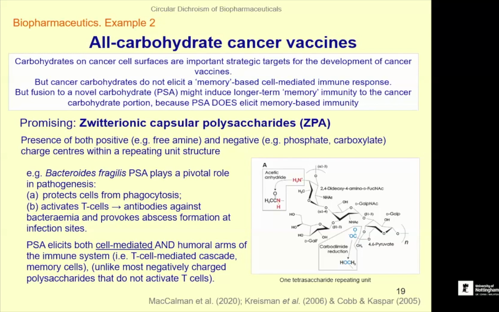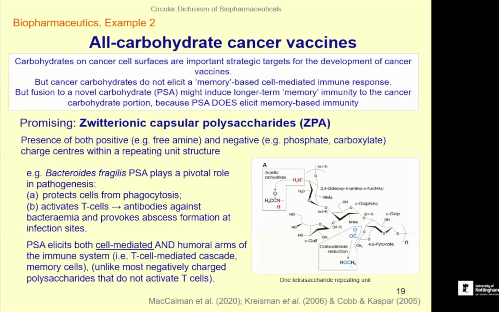So what people have tried is linking their carbohydrate antigens, such as the carbohydrates that are produced by tumour cells and unique to tumour cells, to a protein which is antigenic as a hybrid, and then the protein part will elicit a T-cell mediated memory response and hopefully drag that carbohydrate into a T-cell response as well.